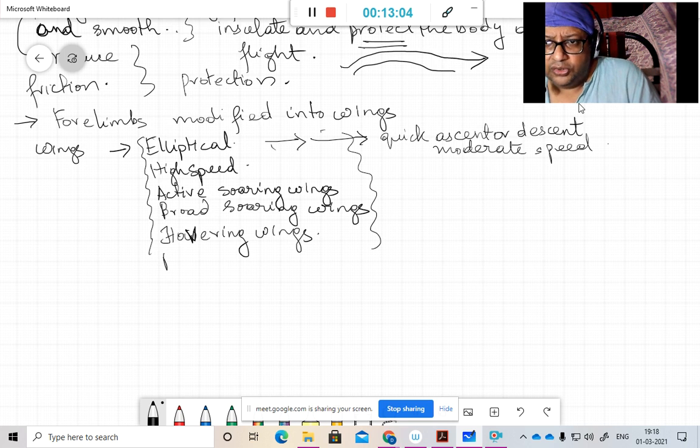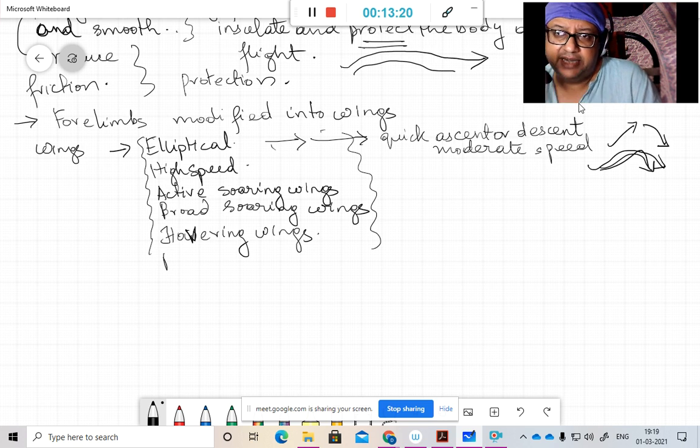They need to fly very fast and then they need to sit very fast. For example, in sparrows, crows, ravens, from one place to another, there is food, they suddenly fly fast and then they land fast. They can take off very fast and they can land very fast. So their wings are elliptical.